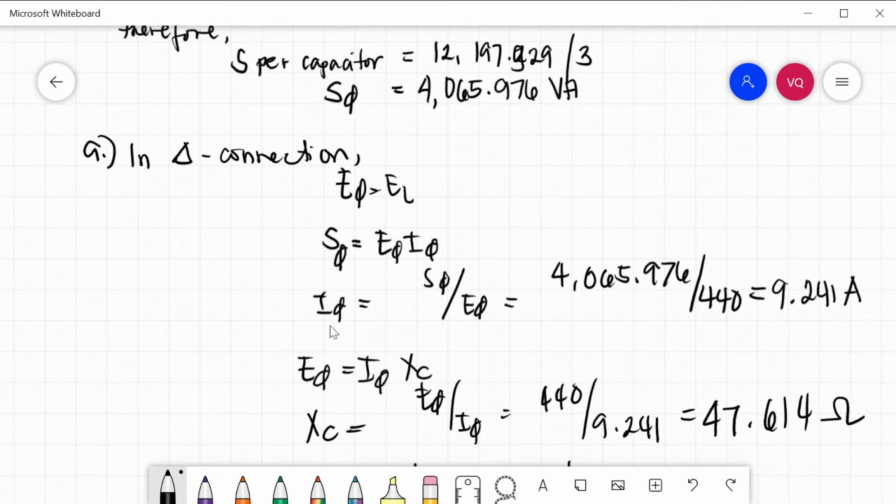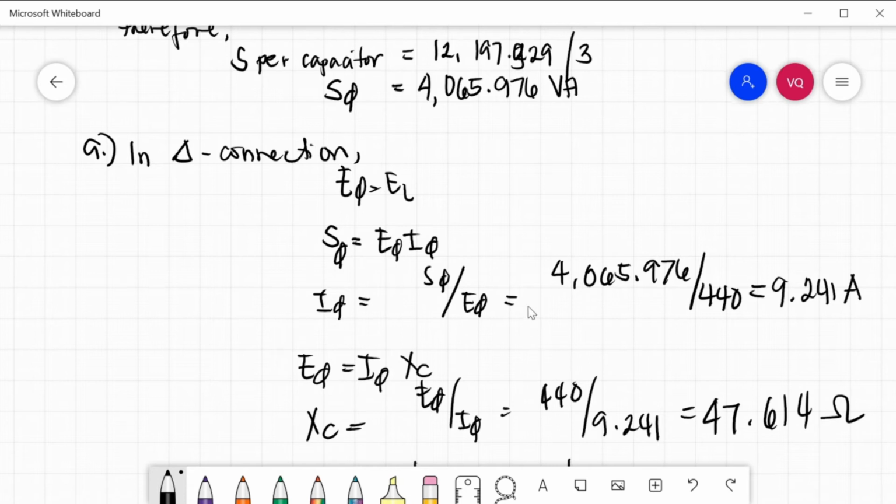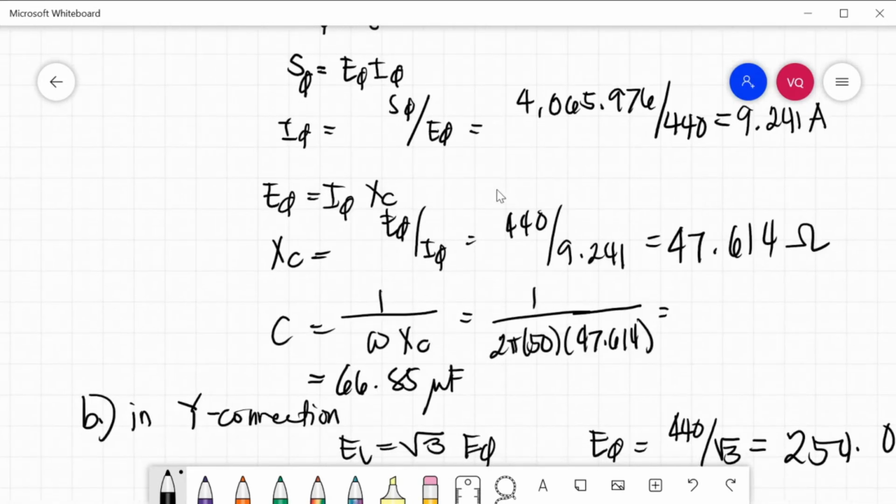Getting now the current, that is apparent power equal to per phase voltage times the per phase current. So, S phase divided by E phase equal to 4,065.976 divided by our voltage, that is 440, equal to 9.241 amperes. That is our current.